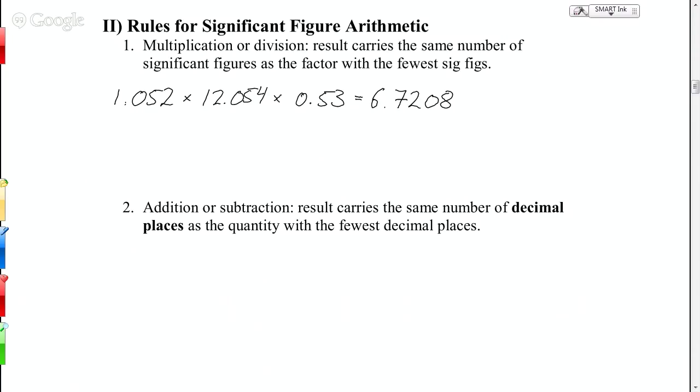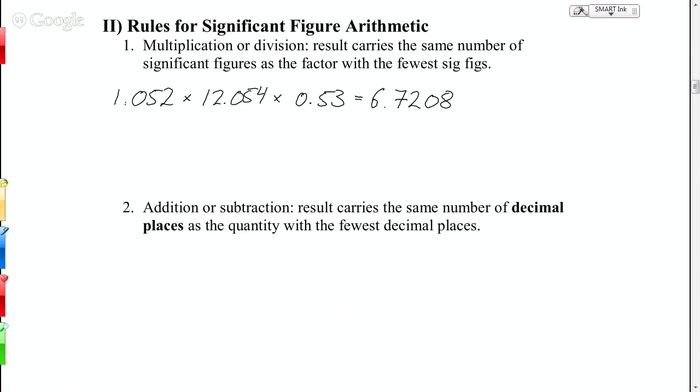So you never get rid of any significant figures until after the whole thing. So you're going to punch all that in. And then we look at that result and we say, does that have the appropriate amount of precision based on what we measured? So to do that, we're going to figure out the number of significant figures in each of the numbers. And then we're going to round to that.